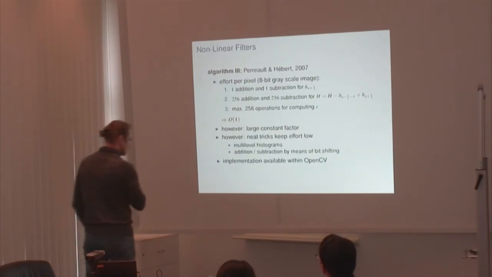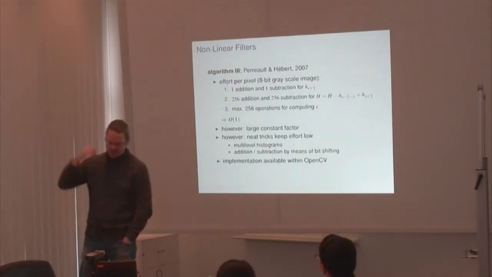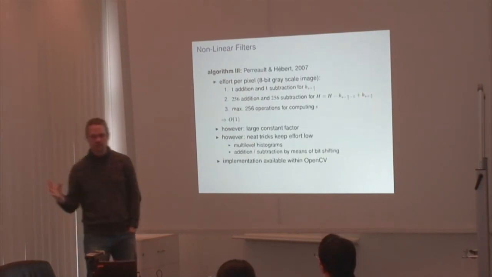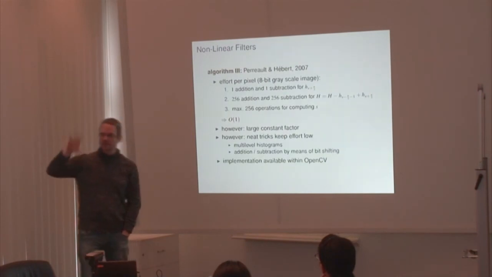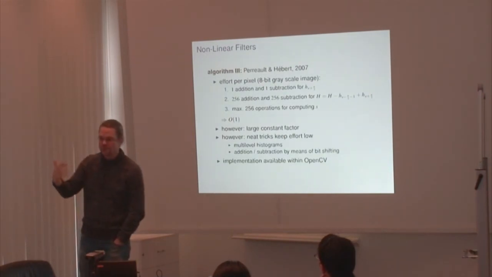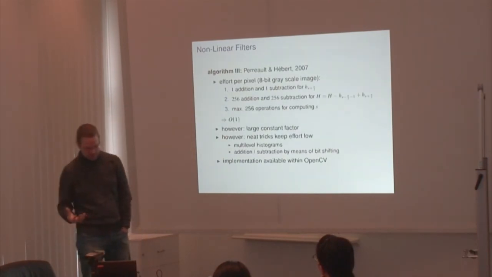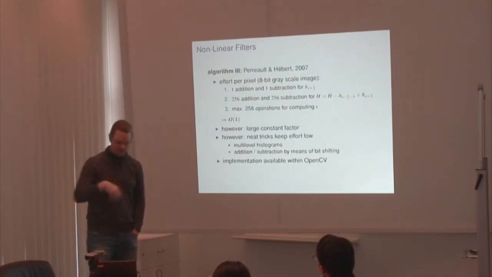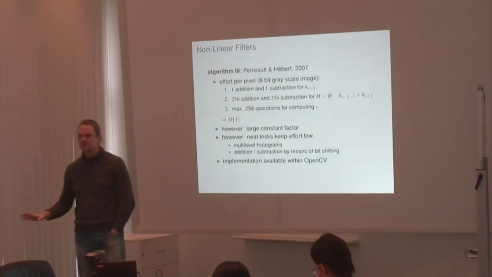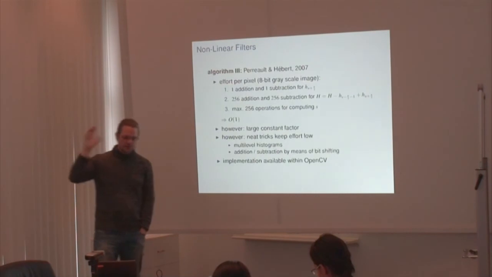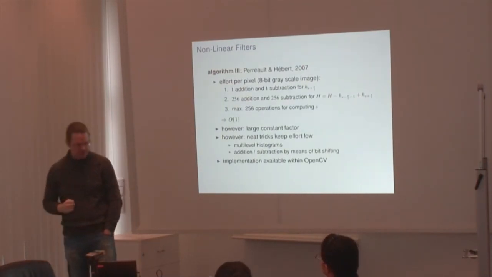To wrap this up, we have seen that mean filtering can be done in O of 1, and we have to compute intermediate results, these integral images, which can be done by dynamic programming. That is, in imperative, compiled languages such as C, very, very fast. And then mean filtering becomes a problem that can be done in constant time per pixel.